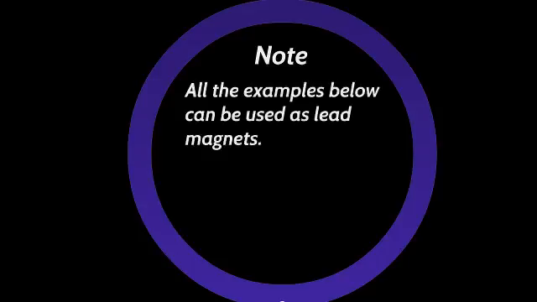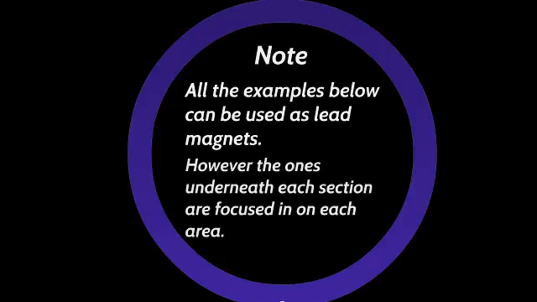Now, all the examples below can be used as lead magnets. However, the ones I'm going to talk about in future videos, underneath each sectional video, are going to be focused on each area. I'm going to talk about different types of mediums, audio courses, software, and different examples that you can just go ahead and use right away so that you don't have to really think.